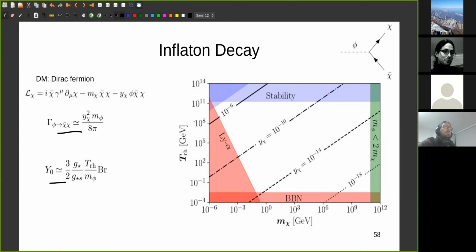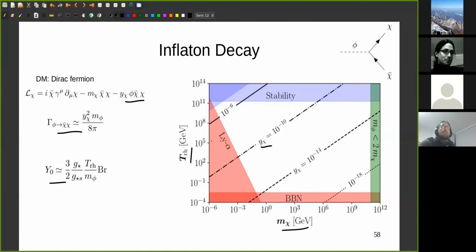In this plot, I'm showing you the Yukawa coupling Y chi, which remember is just the Yukawa between the inflaton and dark matter. The plot shows contour lines for the Yukawa coupling needed to reproduce 100% of the observed dark matter abundance, in the plane of T reheat as a function of the dark matter mass.